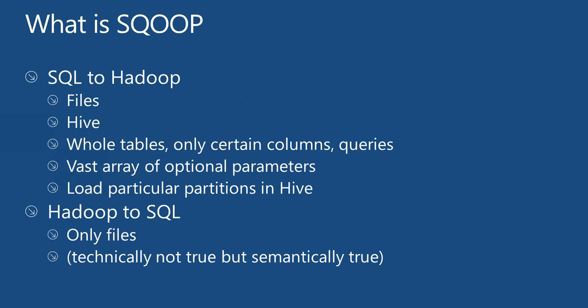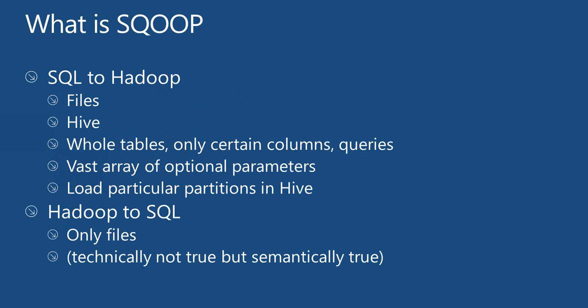This can be useful if you're using Hive as well, but Hive you can load kind of directly. So files might be useful if you're going to then use Pig. So maybe you want to take your data, load it into Hadoop, and then use Pig to massage that data, join it with something else from somewhere else, use MapReduce to mash all that data together and put it somewhere.